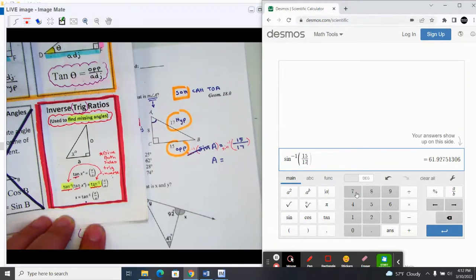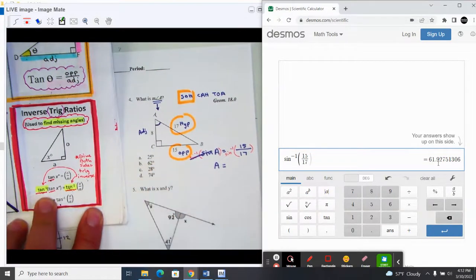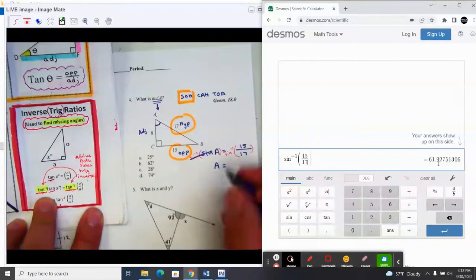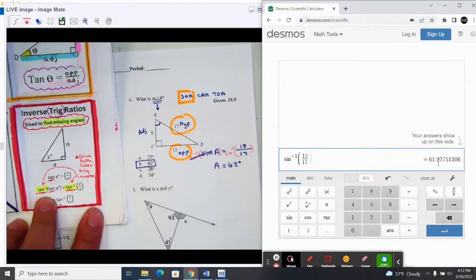And so it looks like they want whole numbers. So if it says 61.9, well, look at your answer choices here on the side. 61.9, then 62 is the only one that can be rounded up to get that angle or that answer close to 61.9. But again, you have to know at this point, make sure it's in degree, make sure it says DEG on it so that you're all good. But this is what we type in right here. Okay, moving right along.